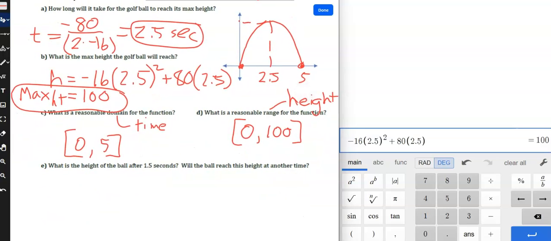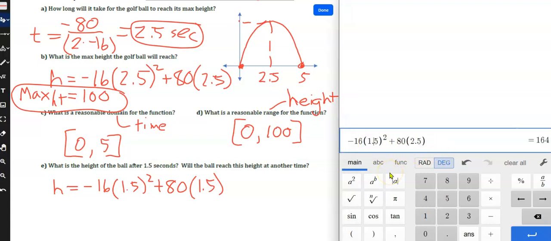What is the height of the ball after 1.5 seconds? All right, so h equals negative 16 times 1.5 squared plus 80 times 1.5. Alright, so I'm going to just come over here to my Desmos, change that to a 1, change that to a 1.